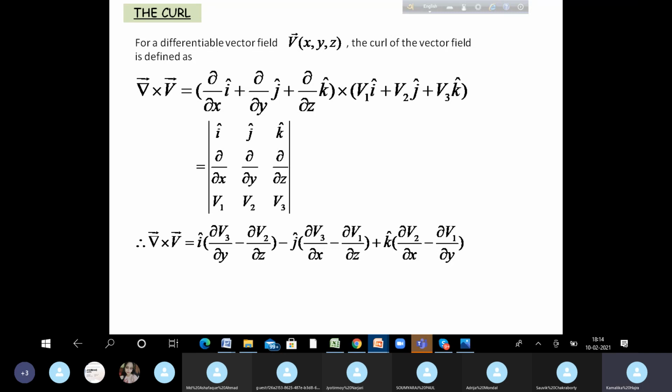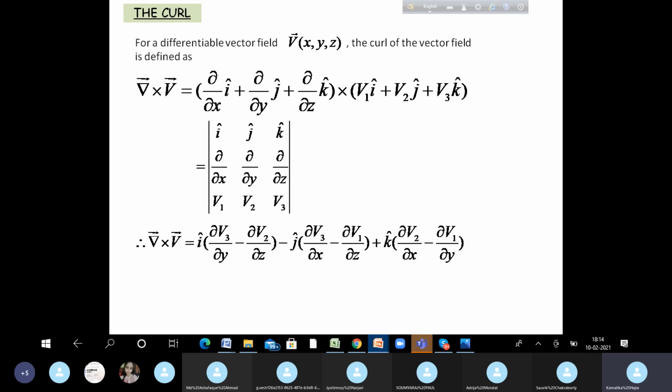If you can do it mentally, or if you want to write it on a piece of paper, check what is the curl of the position vector r. Zero.